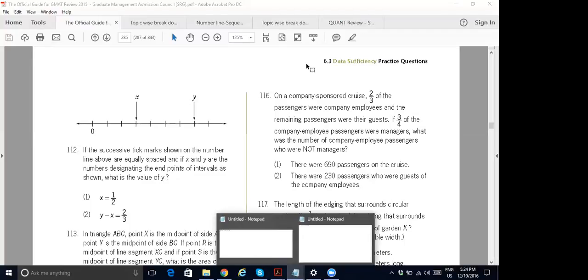So then why can't we do 2/3 of X plus 1/3 X is equal to 690? Shouldn't it? 2/3 of x plus x by 3. Yes, that is true. You can get the value of x. If you get the value of X, won't you be able to solve it? You need to identify what fraction in terms of x will represent company employee passengers who were not managers.